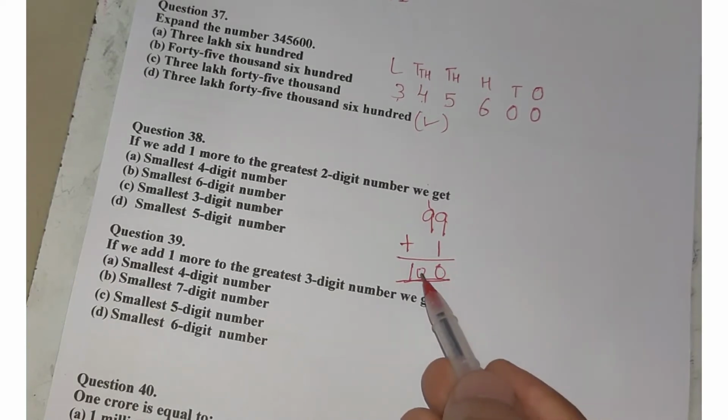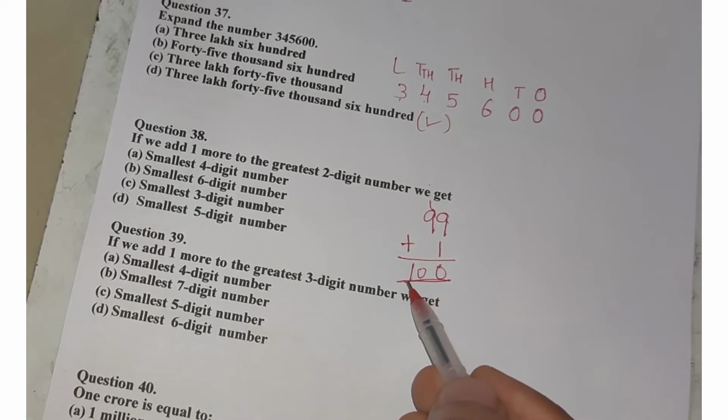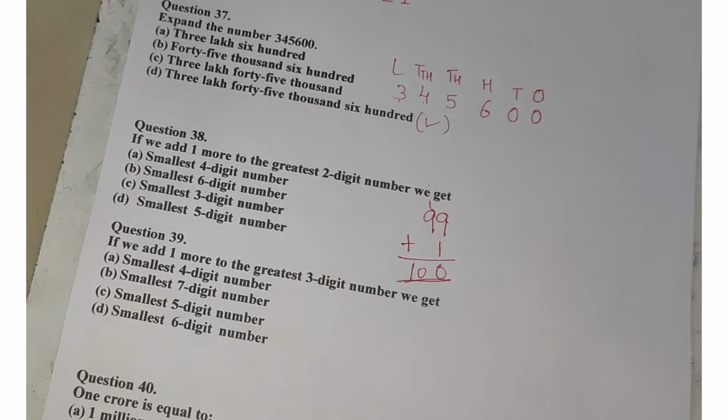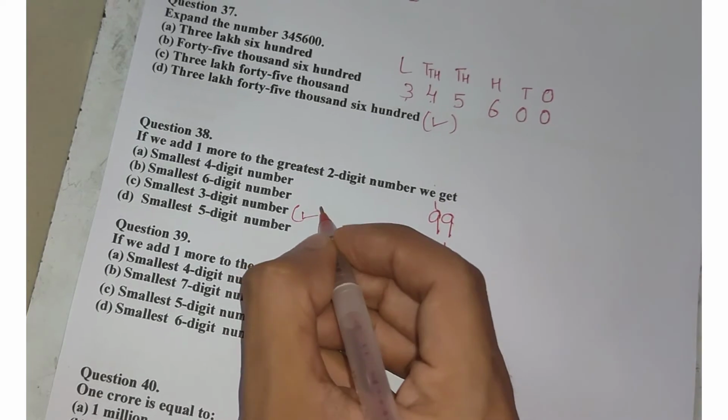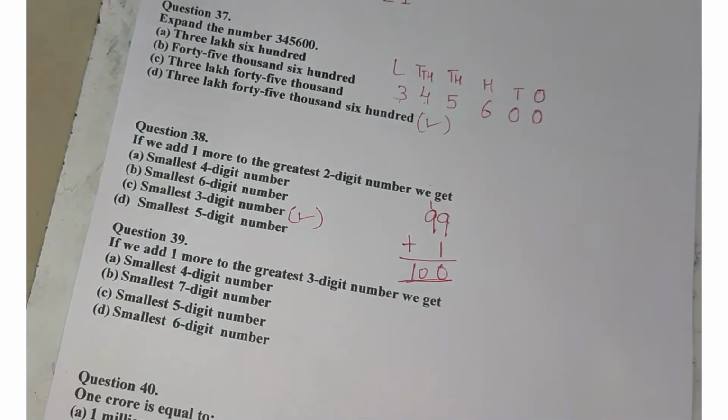These are the smallest single digit numbers and the 1. It means we have got the smallest 3-digit number. So according to the options, the correct answer will be the smallest 3-digit number, that is option C. Whenever we add 1 to the greatest 2-digit number, we get the smallest 3-digit number.